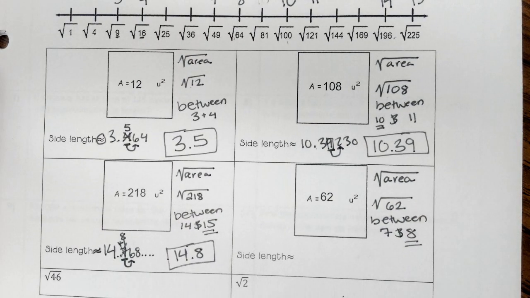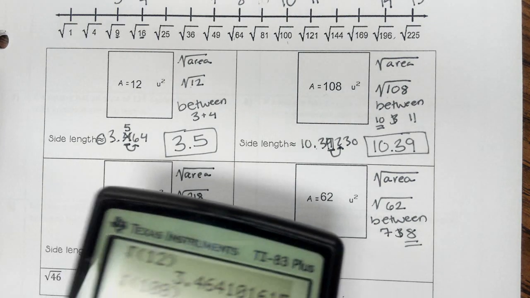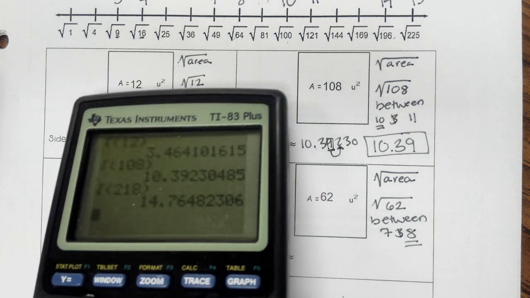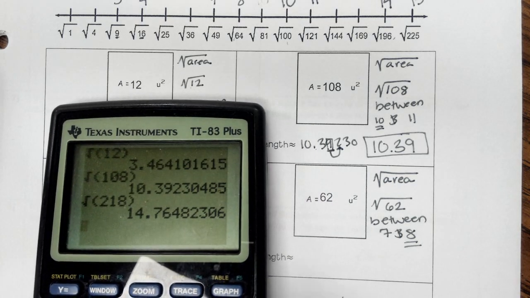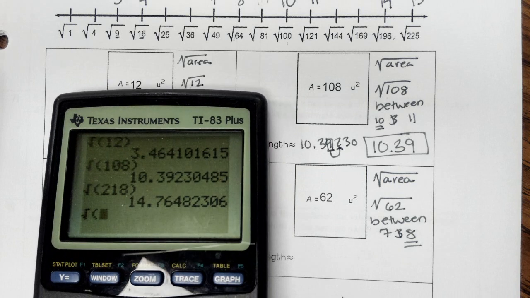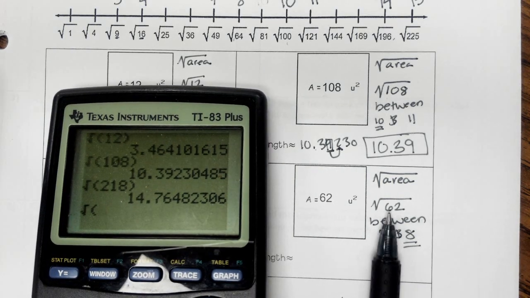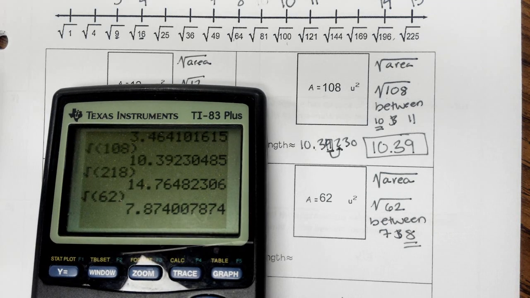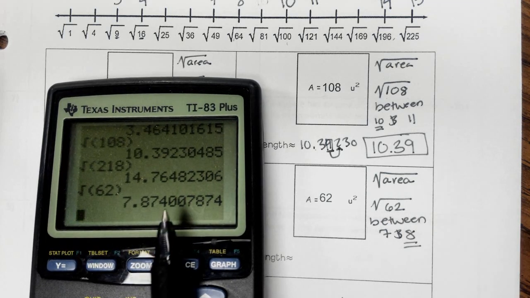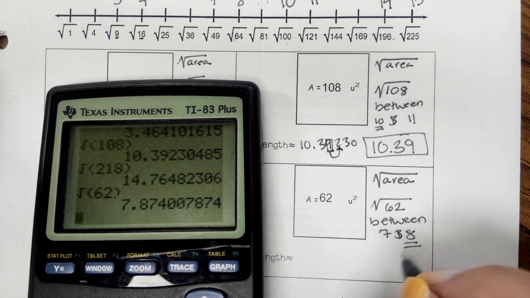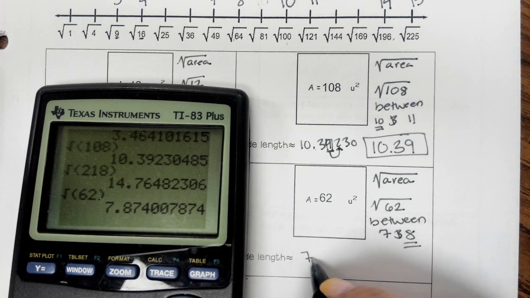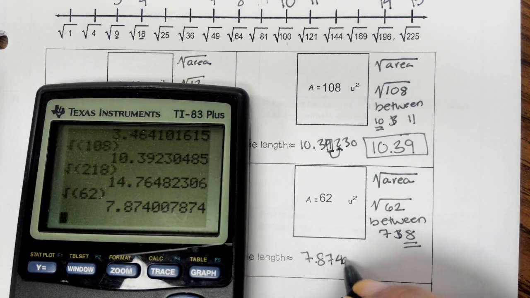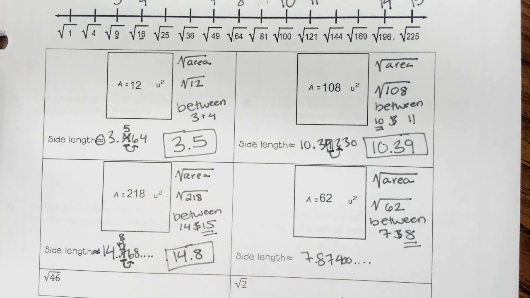Let's think about how close that would be. It's definitely bigger than 7.5, maybe 7.9 or 7.8 and some change. So let's take out our calculator and see how close we got. Second x squared, then we're going to type in 62. We have 7.87, almost 7.9. 7.874, and that keeps going.